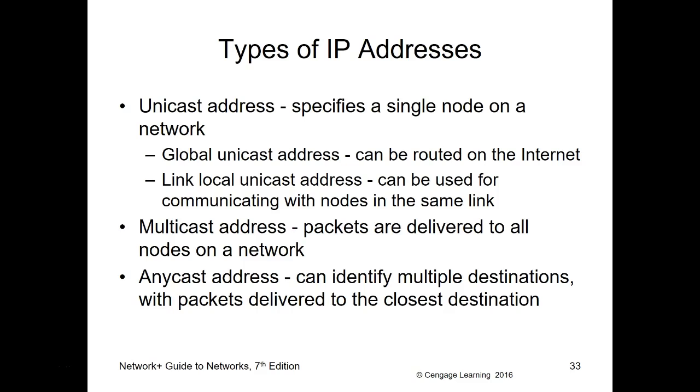But I want to talk about types of addresses. If a radio station puts out a message, anybody with a radio can pick it up, right? But if I have a handheld walkie-talkie, only those people that have that same frequency can pick it up. So we need to think about a couple of different things here.